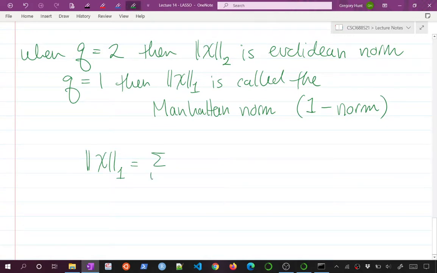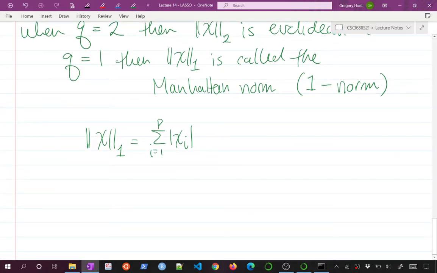So in the case of the 1 norm, it's actually just going to be the sum of the absolute values, right? To the 1 power, right? So the q kind of drops out there. And so this is just the sum of the absolute values. If we look at, for example, the set of y's where the 1 norm is less than or equal to, let's say, 1, some value, doesn't really matter.